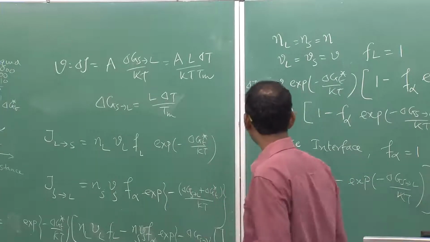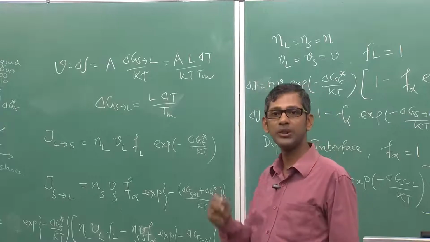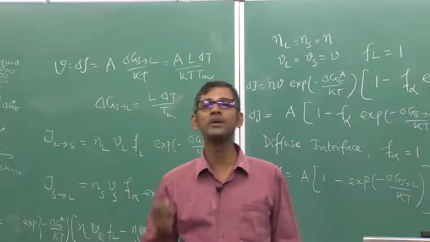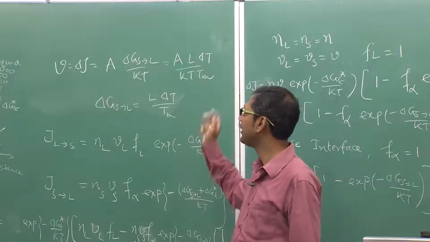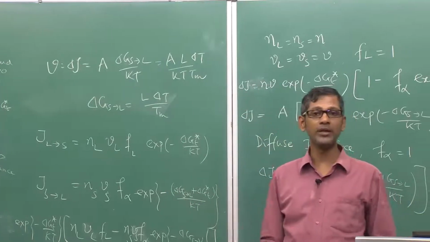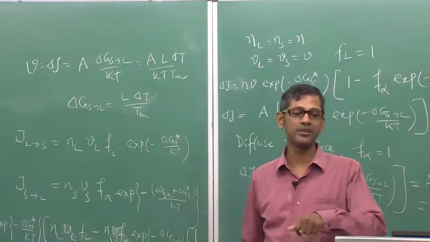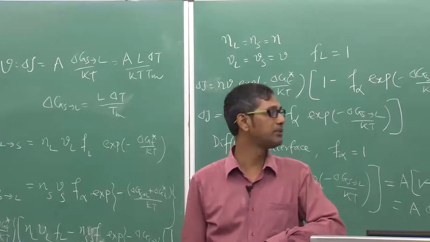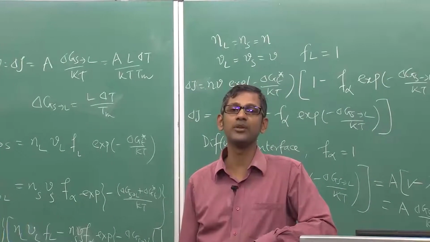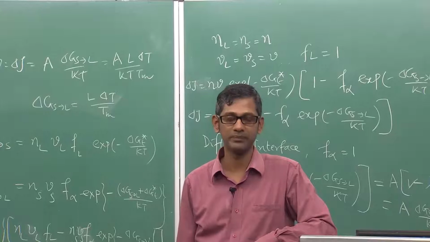So as you can see here, after making so many assumptions, the theory actually boils down to very simplified equations. But the moment we think of this kind of diffuse interface, such a continuous growth mechanism is possible.